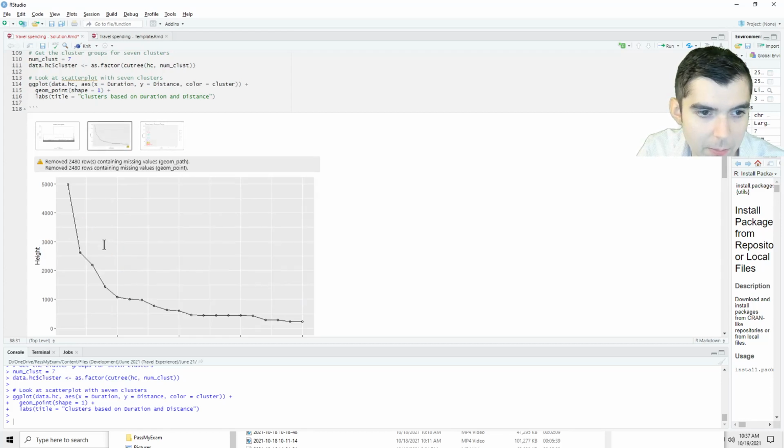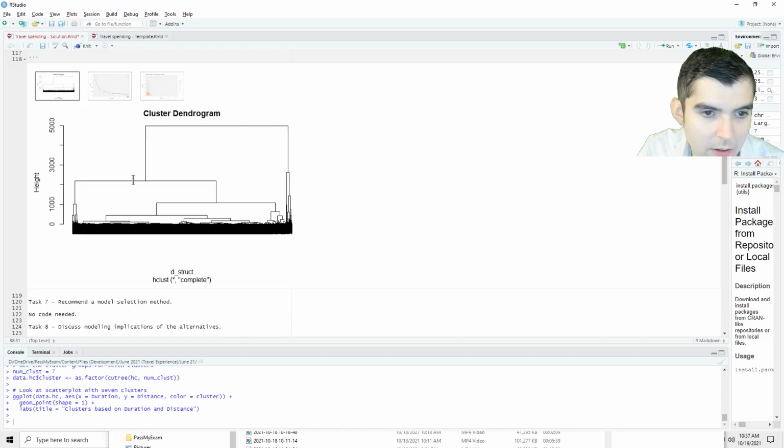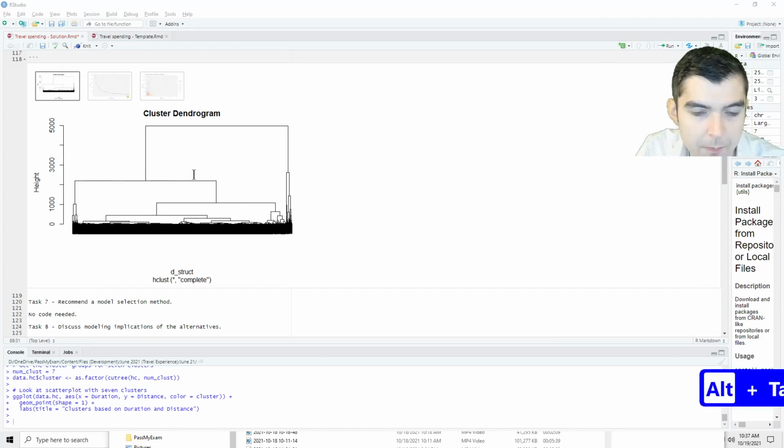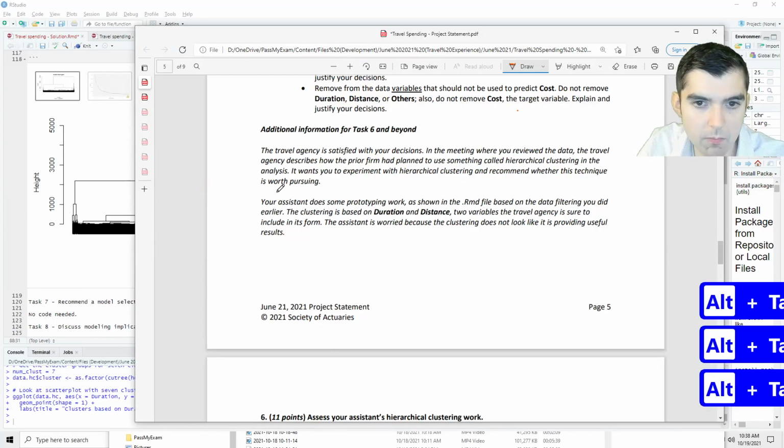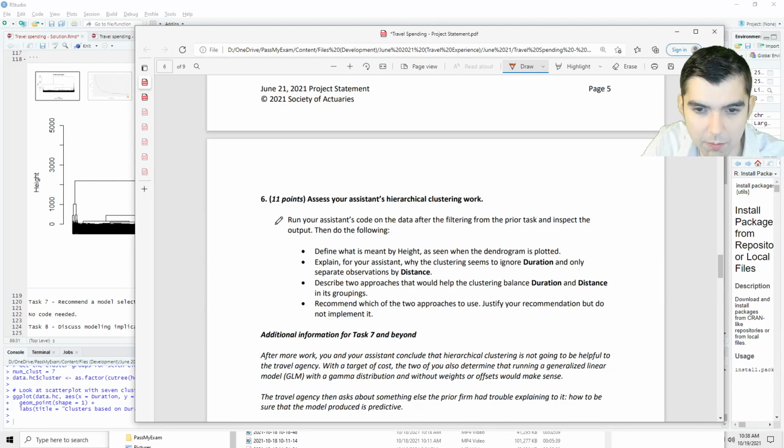And then there's a plot of number of clusters and height. And then there's a dendrogram. Run the assistant's code on the data after the filtering from the prior task and inspect the output. Then do the following. Define what is meant by height as seen in the dendrogram plotted.